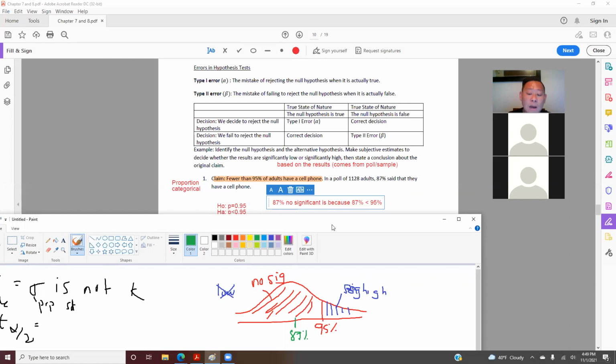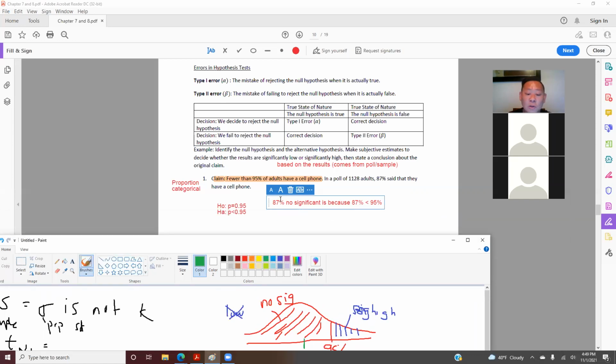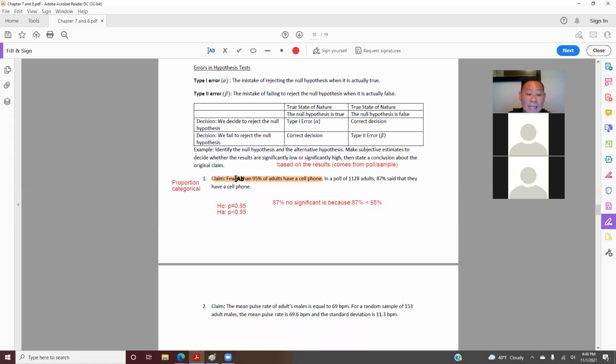Then you have to state the conclusion. Since 87 is fewer than 95%, the conclusion supports the claim. The conclusion is very easy: either you support it, or you do not support it, or you reject the claim. You use the word reject.